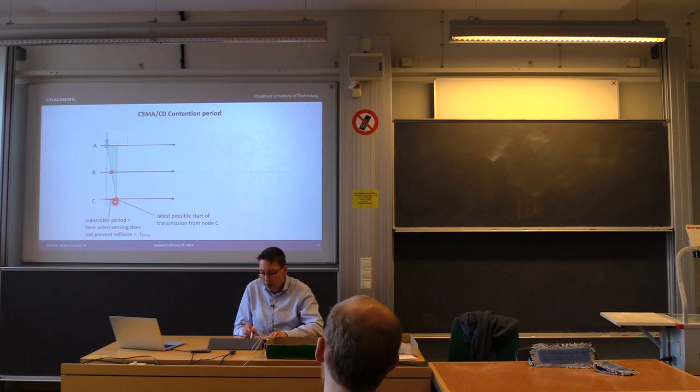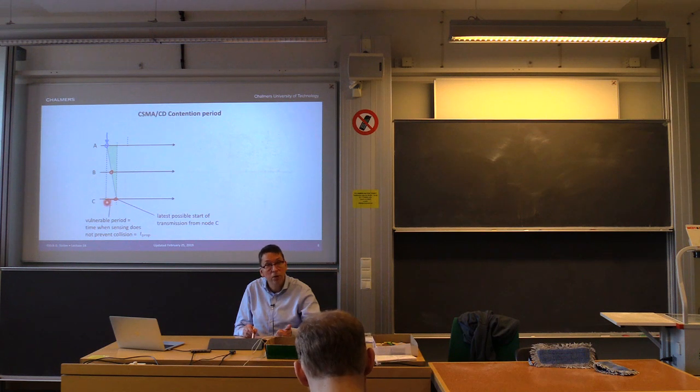If we look from C's perspective, from when the frame started to be transmitted from A until it has arrived at C, during this period, C is unaware of A's transmission. And if C senses the channel during this time, it will think it's idle and would transmit its frame. So this is sometimes called the vulnerable period.